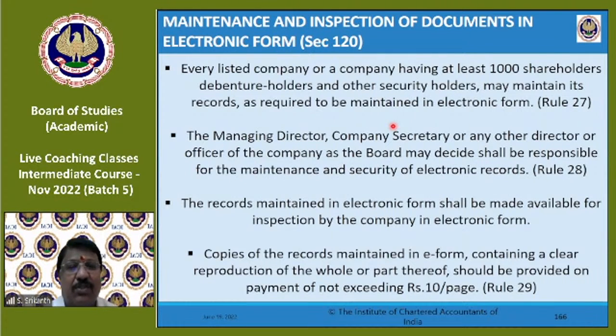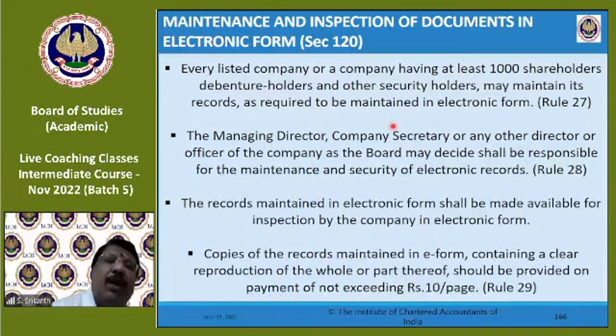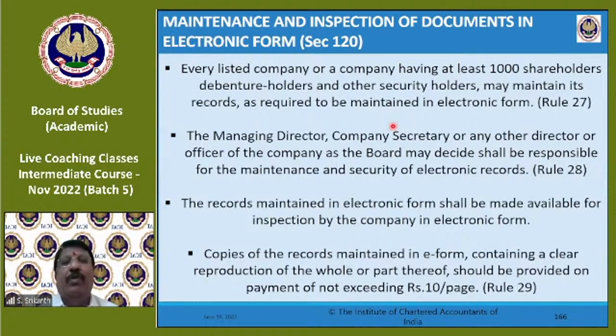Last section in this chapter, before we go to registers, not meetings, we still have one more topic to cover, registers and returns. Every listed company or a company having at least 1,000 shareholders, debenture holders and other security holders may maintain its records as required to be maintained in electronic form.